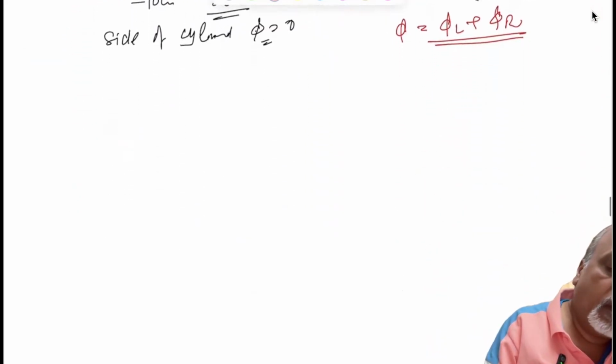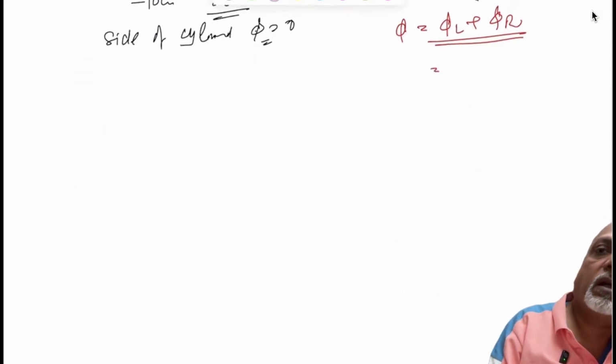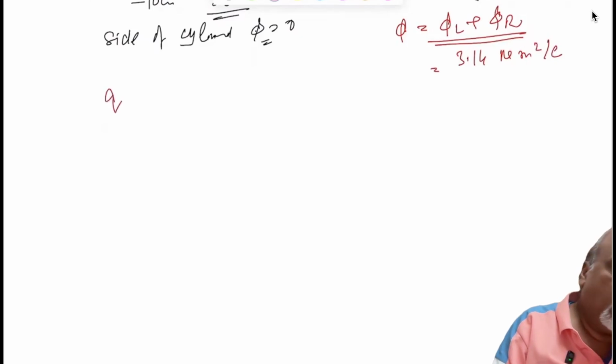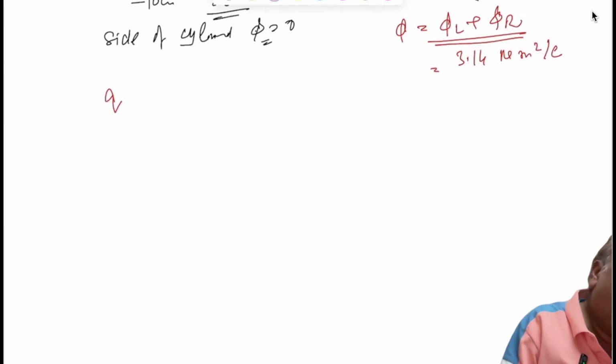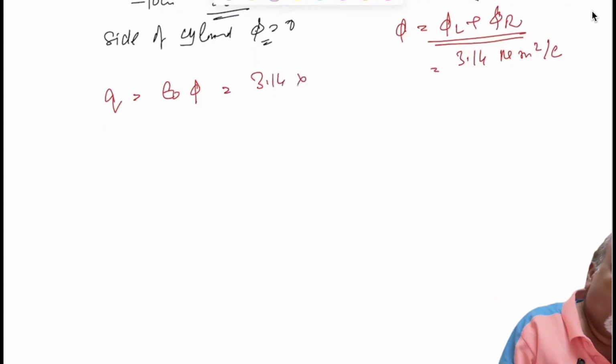If you add up, this comes as 3.14 Newton meter square upon Coulomb. So the net charge Q is nothing but epsilon 0 times phi, that is 3.14 into 8.854 into 10 raised to minus 12.